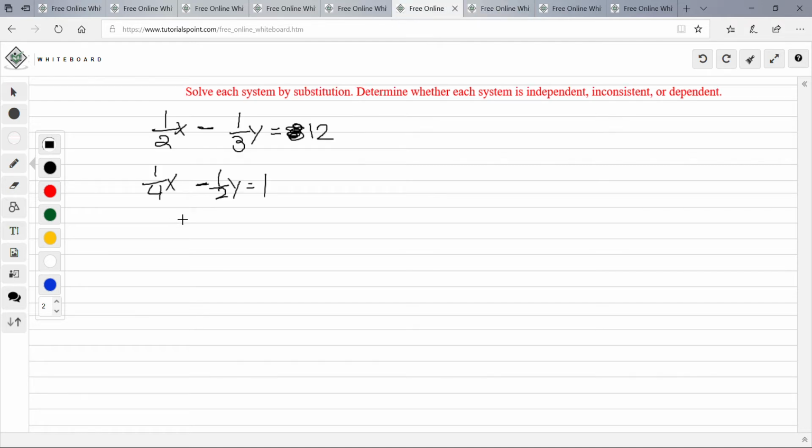So we said we got to solve by substitution, right? So I got to solve for one of these to get y by itself. I'll use this one. I don't like this 4, so I'm gonna multiply everything by 4. So that's x minus 4 times negative 1/2 is negative 2y equals 4. Subtract x.